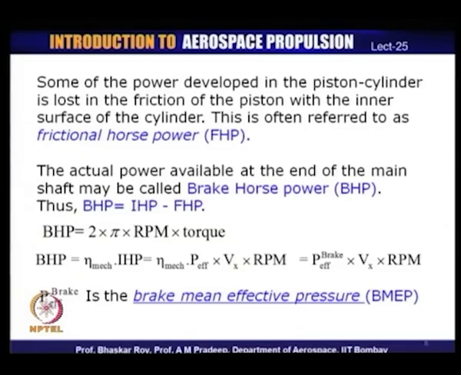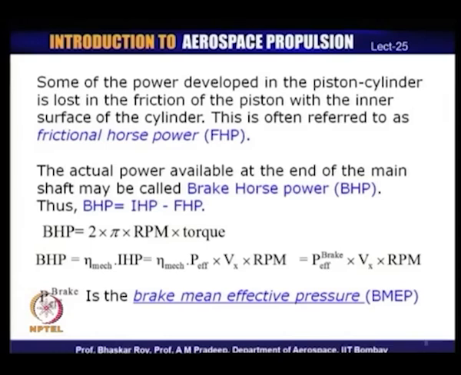Mind you, only one of the strokes is the power stroke, and even during the other strokes this friction is continuously happening, and as a result a lot of power is lost in overcoming the friction between the piston and the inner surface of the cylinder. This is not a small amount, this is a reasonably good amount, and this needs to be factored into the actual power availability of the engine.